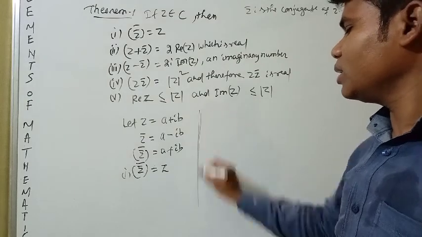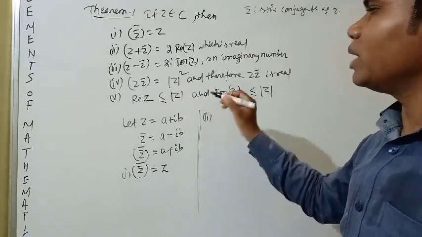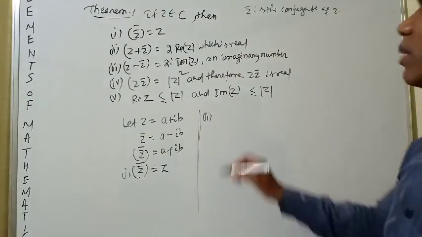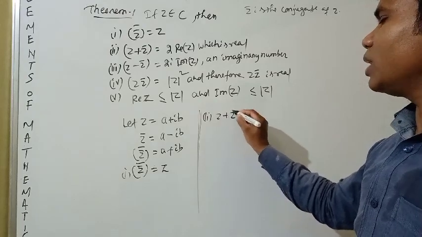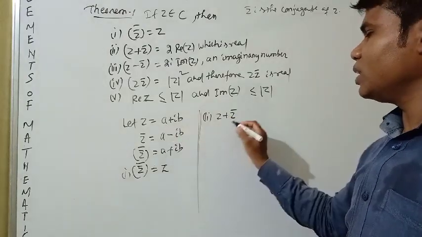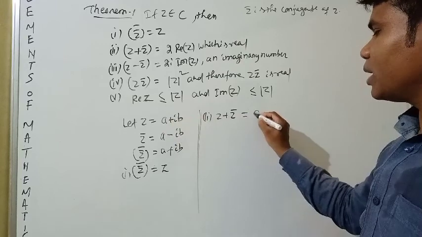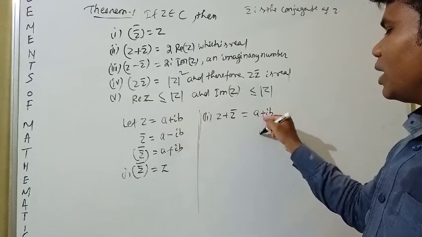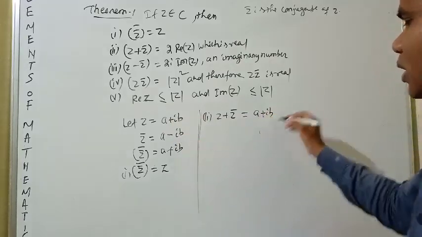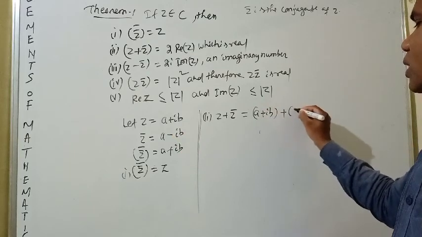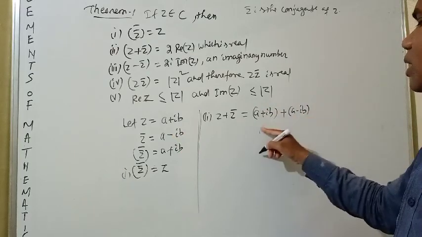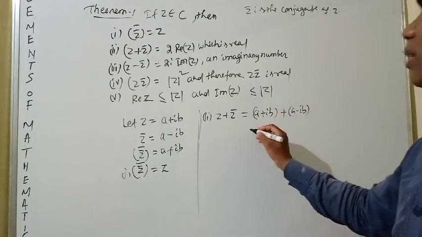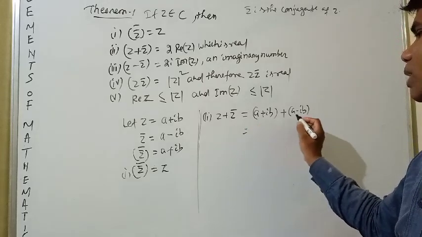Now in bit 2, Z plus Z bar is given. Z is equal to A plus IB, and Z bar is equal to A minus IB.